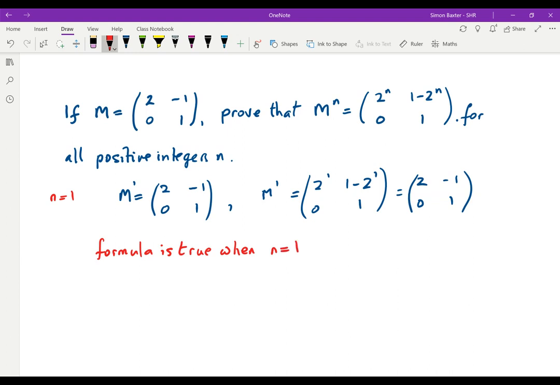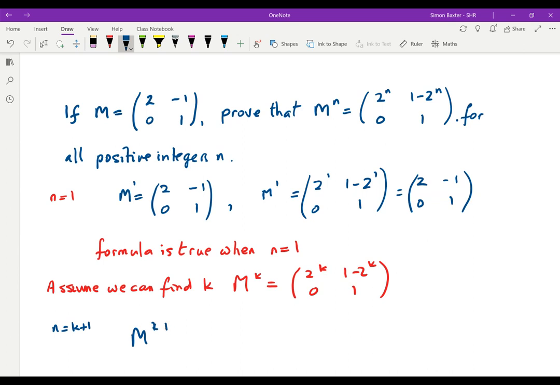Okay, we all know what to do now. We assume that we can find some number k, so that M to the k is equal to 2 to the k, 1 minus 2 to the k, 0, 1. Really quite simple. Let's look at k plus 1.